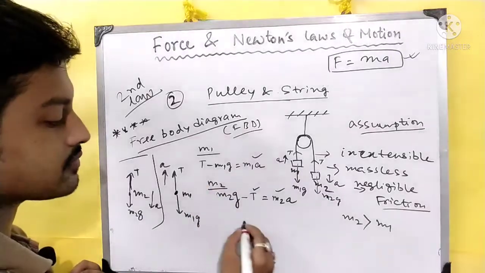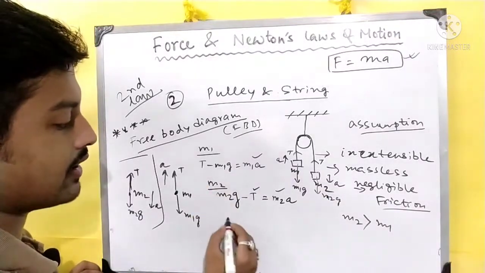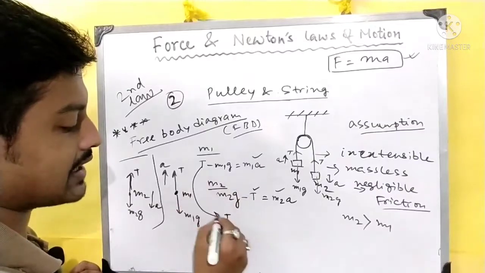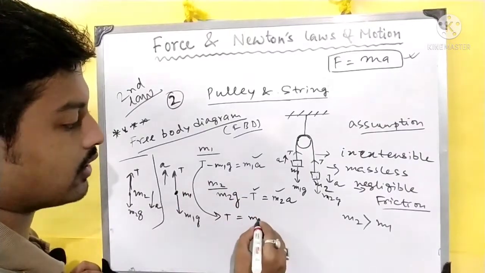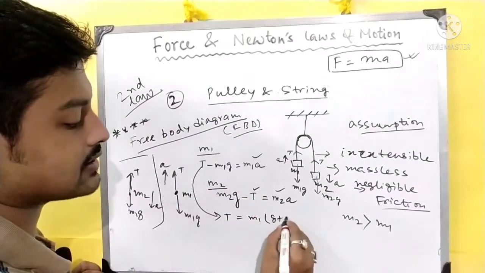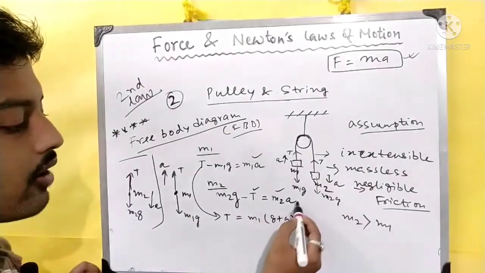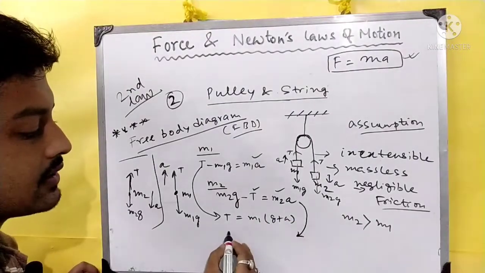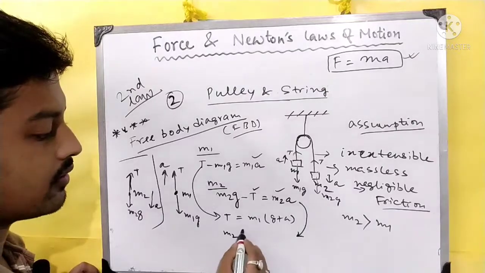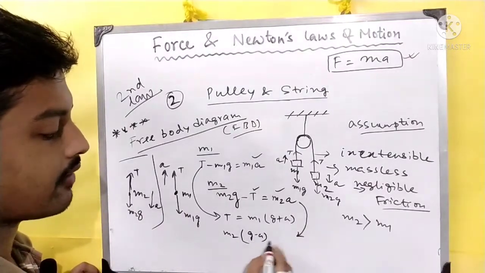To find the acceleration, tension from this expression is m1 times (g plus a), and tension from the other expression is m2 times (g minus a).